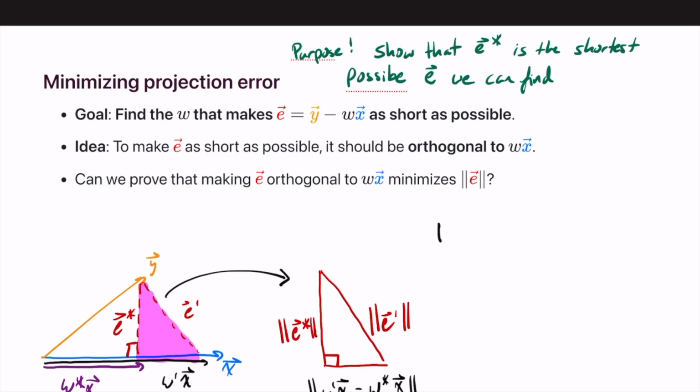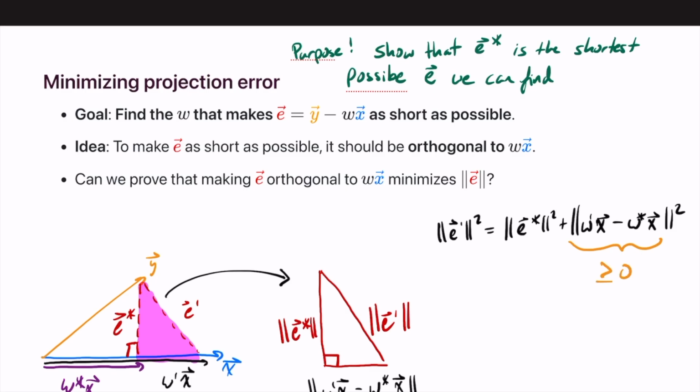If we have, we'll say E prime squared equals the vector E star squared plus the W prime X minus the W star X vector squared. So this is the Pythagorean theorem. And we know that this right here, the way we've set up the problem, will always be greater than or equal to 0.